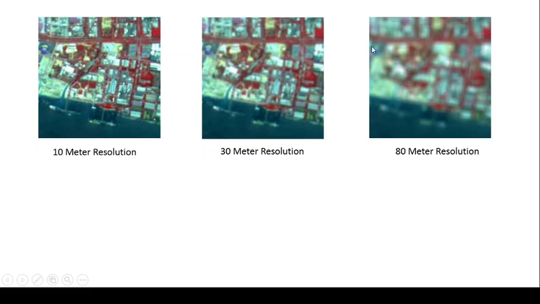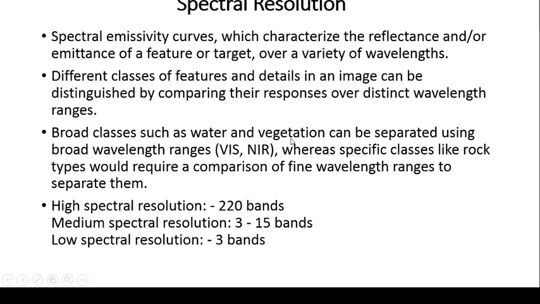And again, if we take an 80 meter resolution image at the same height, we can't classify any object or any phenomenon; that is, point, line and polygon cannot be classified in this data. So these are the examples of spatial resolution. As we take a high resolution image, we can easily classify the objects and boundaries.